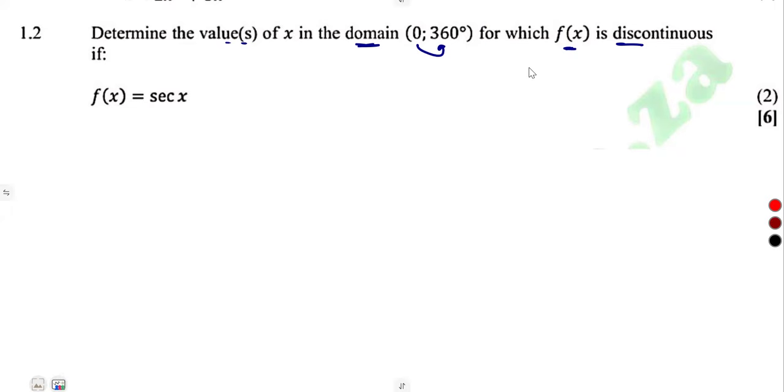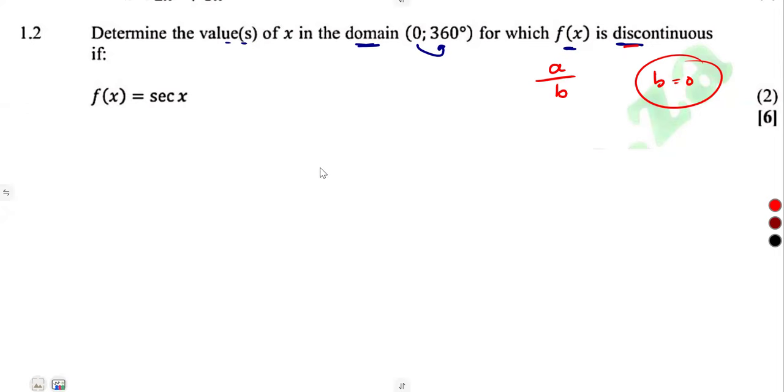Is what? Discontinuous. We do understand that for a over b to be discontinuous, b is supposed to be equal to 0. B must be equal to 0, the denominator.